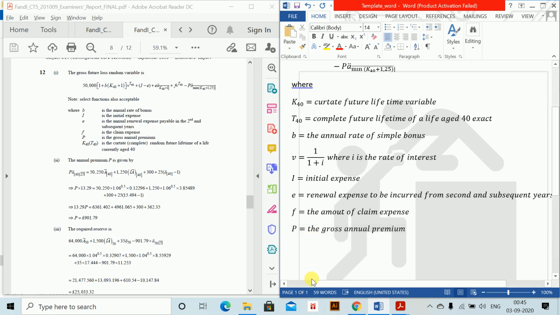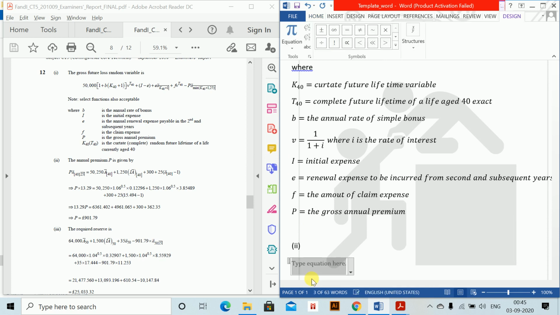Next, part 2, we have to calculate the annual premium of this policy. So P ä_{40:25}, this is not monthly or anything, so for this it is the ä shortcut, but there is select here.